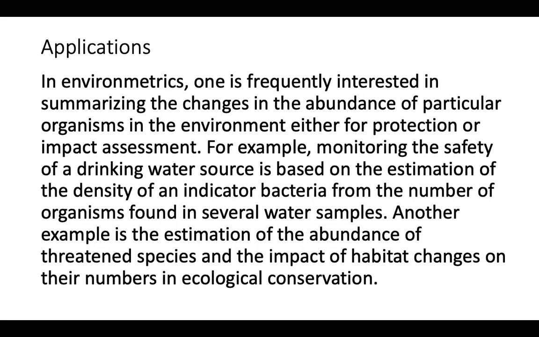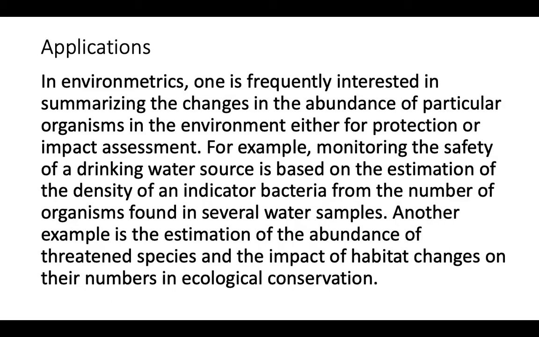The applications of the negative binomial distribution: in environmetrics, one is frequently interested in summarizing the changes in the abundance of particular organisms in the environment, either for protection or impact assessment.